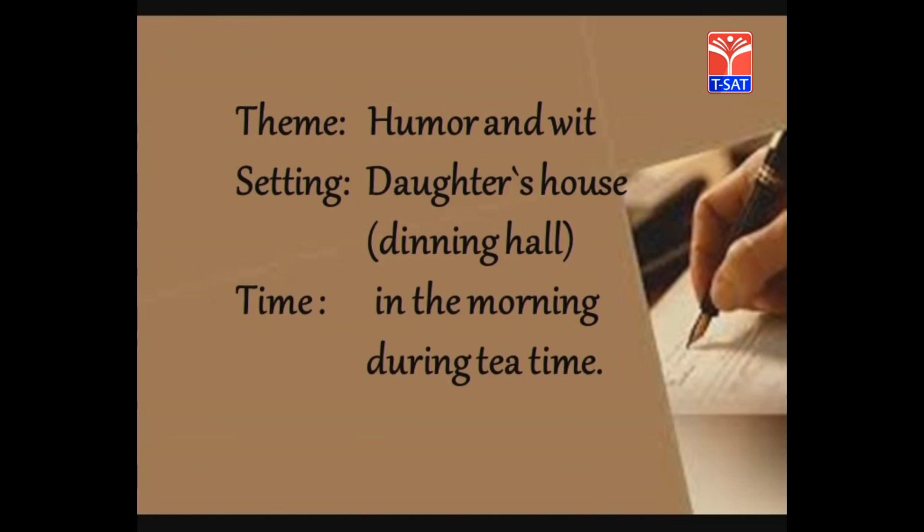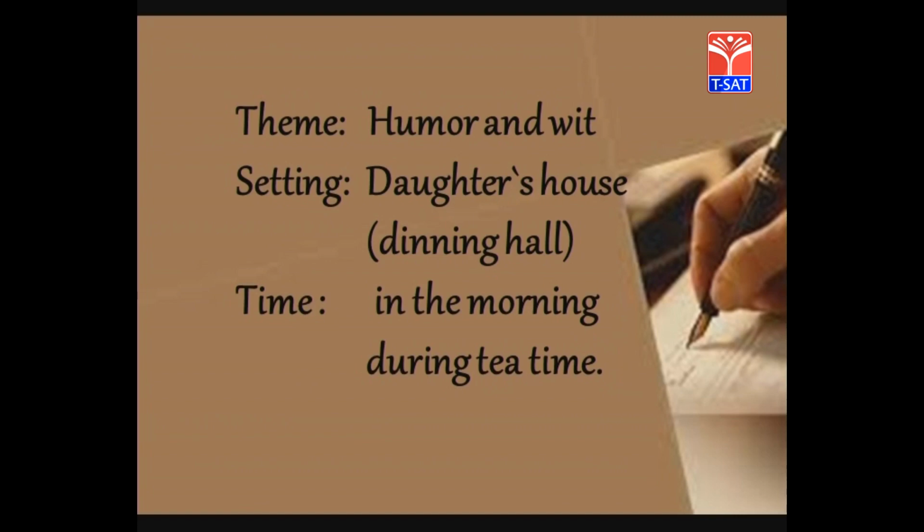The next one is theme. As you know well, it is humor and wit. This story describes the humor and the witty attitude of both the daughters towards father. Not only daughters, even the sons-in-law. And moreover, it explains the busy or selfish, greedy society.